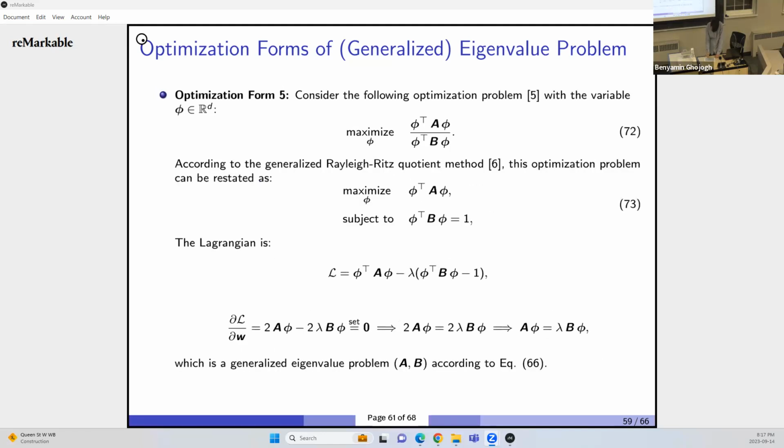Now, optimization form 5. Maximize this. What is this? Generalized Rayleigh-Ritz quotient. We saw that it's equivalent to this in the previous slides. The Lagrangian, take derivative, set it to 0. We'll end up with this. That's again the generalized eigenvalue problem, A and B. So you see, we have different optimization forms. They end up almost to the same thing.